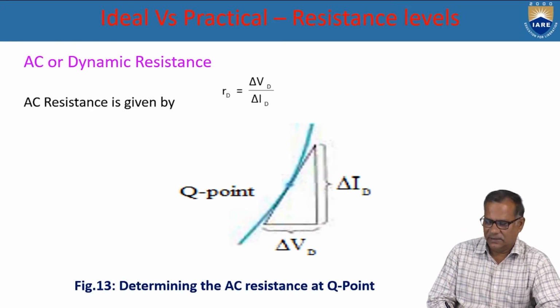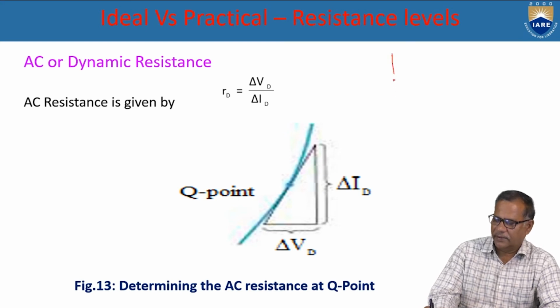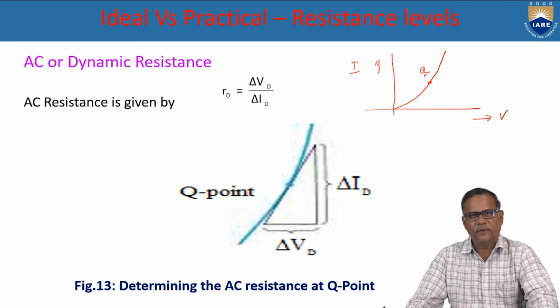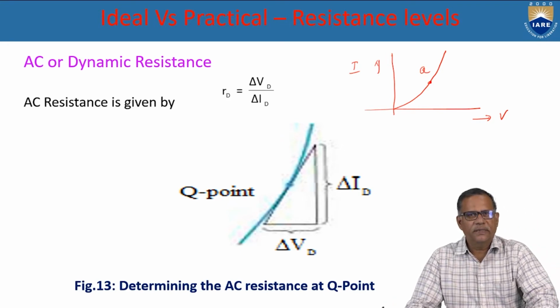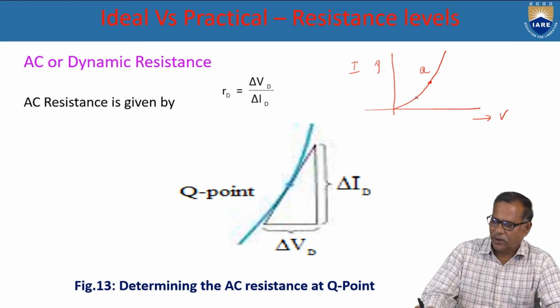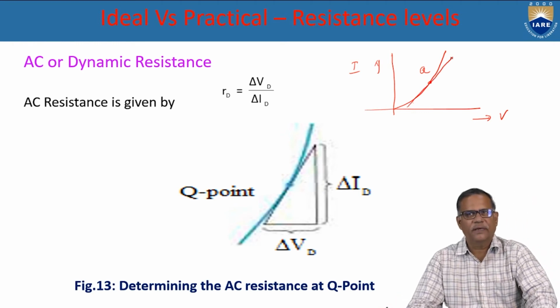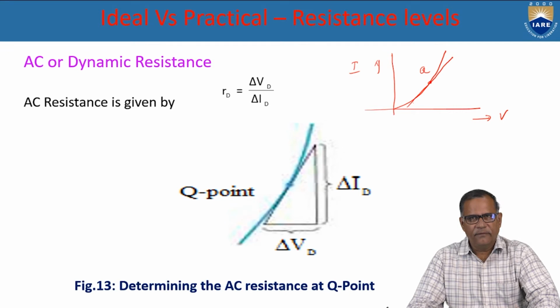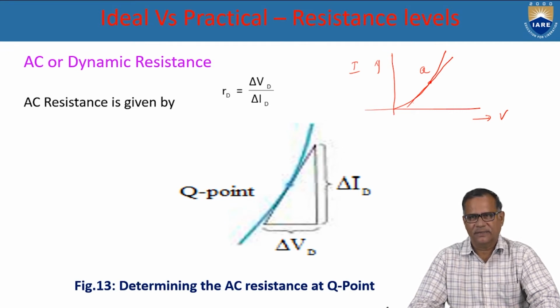So if you see here, this is the VI characteristic of the diode. When the diode is forward biased, this is the voltage and this is the current I. Now this is the operating point Q. Now if we have to find out the AC or dynamic resistance around the point Q, then we have to draw a tangential line and find out the slope of that, and the inverse of the slope of the tangential line will give us the AC or dynamic resistance.